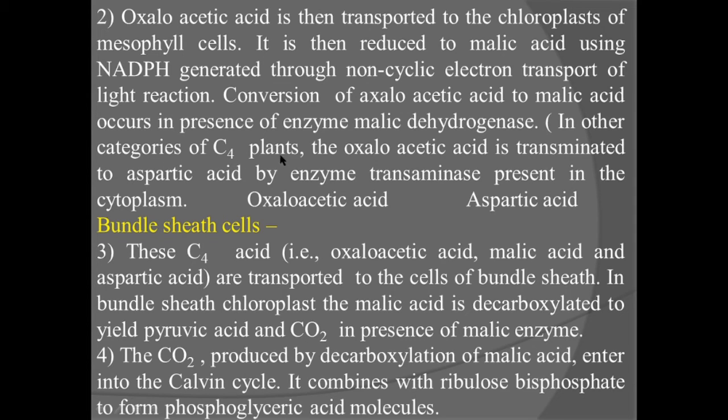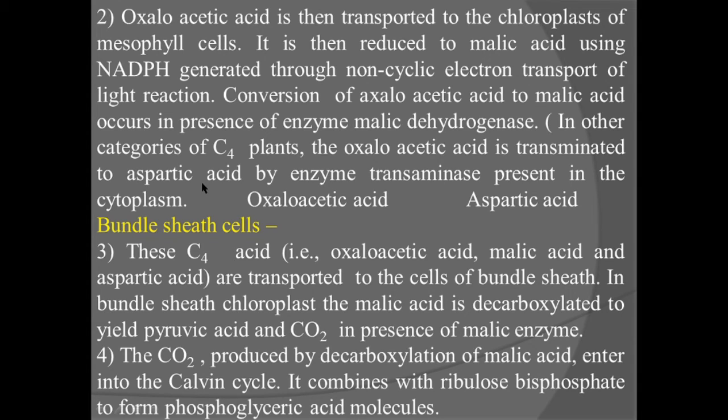In other categories of C4 plants, the oxaloacetic acid is transaminated to aspartic acid by enzyme transaminase present in the cytoplasm. Now, the oxaloacetic acid is either converted into malic acid in some plants, or into aspartic acid in some plants.